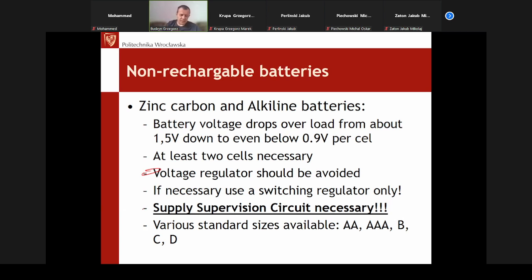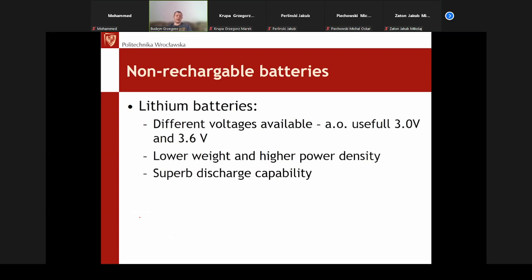So two things: voltage regulators should be avoided, and a supply supervision circuit is kind of necessary. On the market these batteries are available in standard cylindrical sizes, like AA, AAA, B, C, D, this kind of thing, you know it very well.